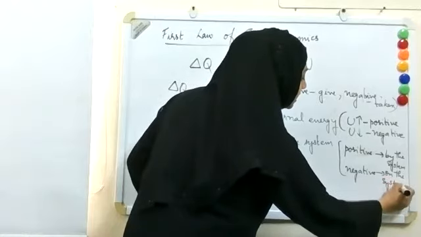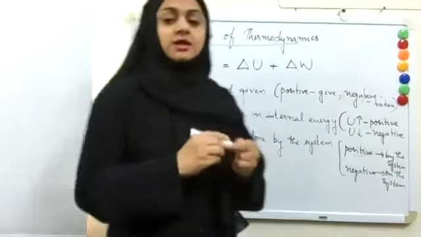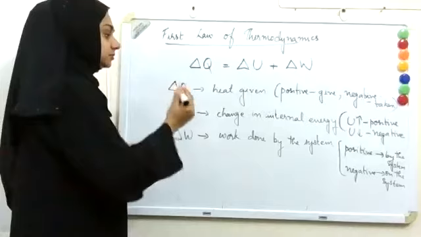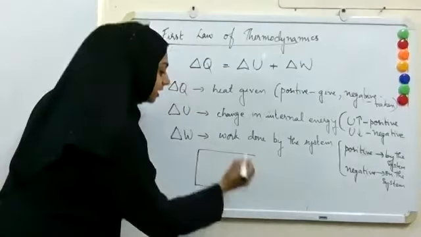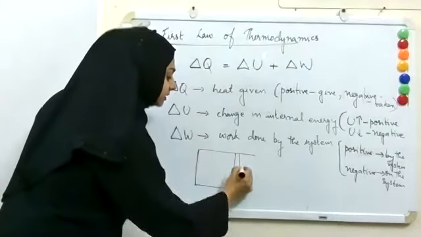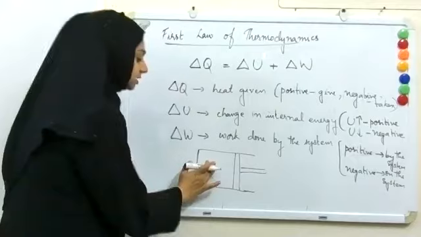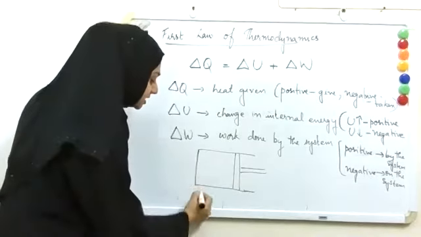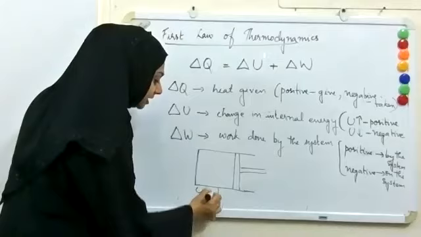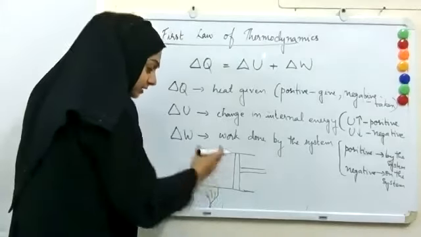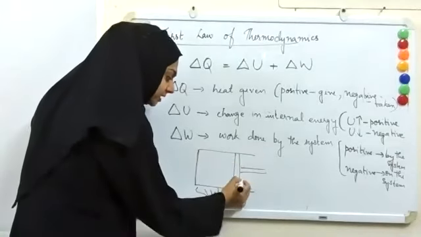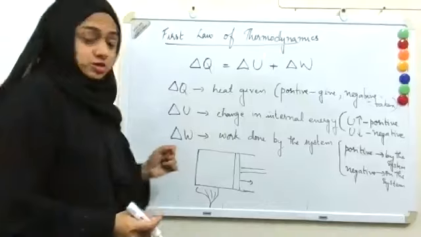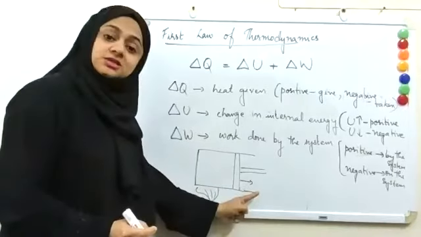For example, as I told before, if you take a container with a piston, and this container has gas. Then if you are heating it, what will happen? The gas will expand and the piston will move out. So work is done by the system.